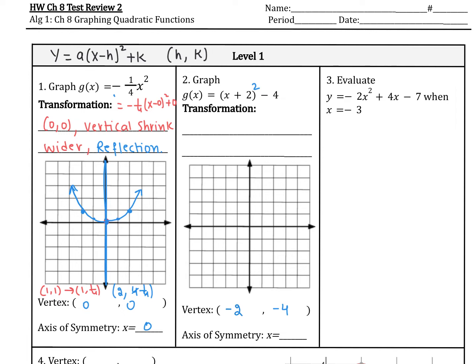For the transformation, h again is always the opposite sign, so it is going to go 2 left and 4 down. You're going to get the point of the vertex right here.